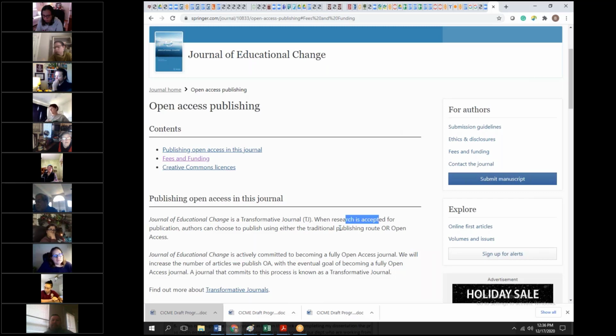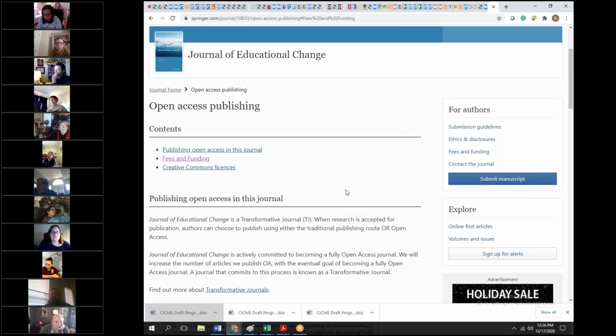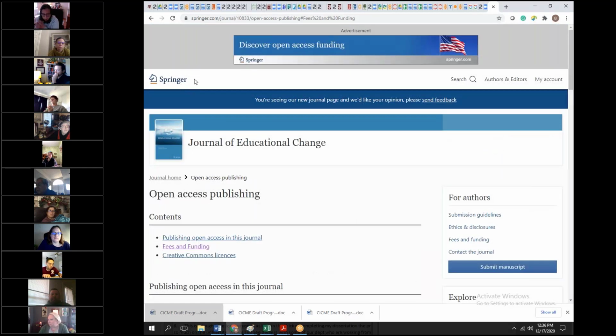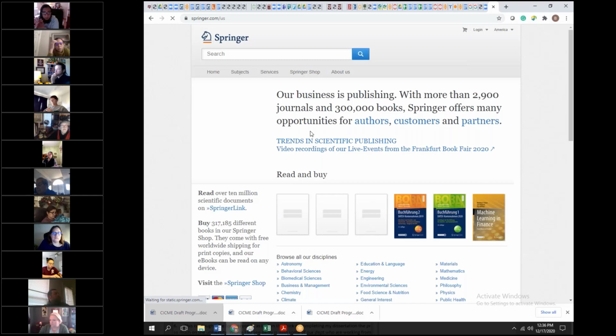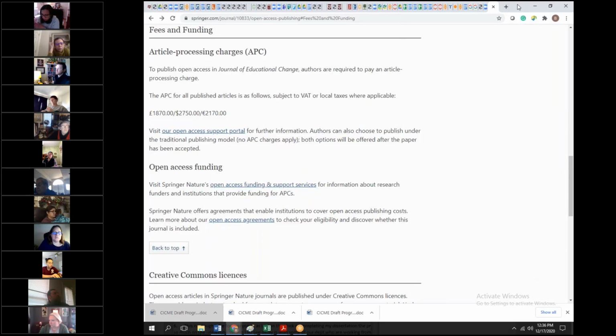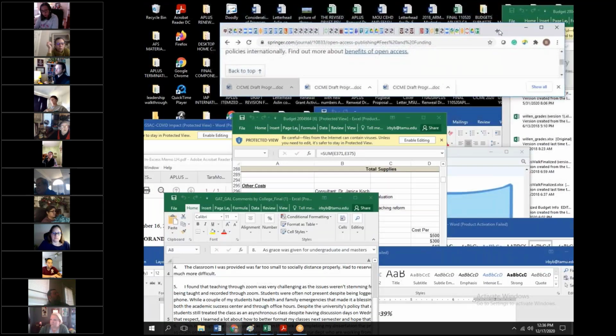We have a little bit of money built into the grant for publishing. So we want to make sure that we publish in as much open access as we can, but in excellent publishers as well. Okay, so that's one thing that I wanted to share with you about the fees.